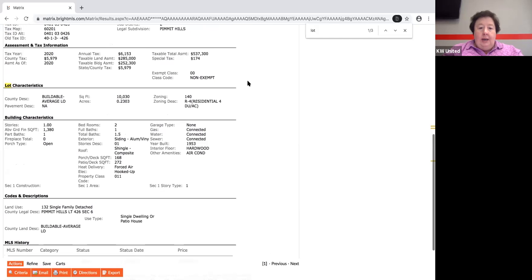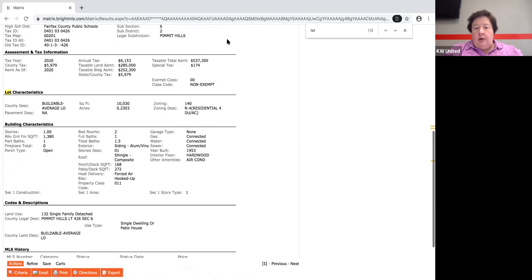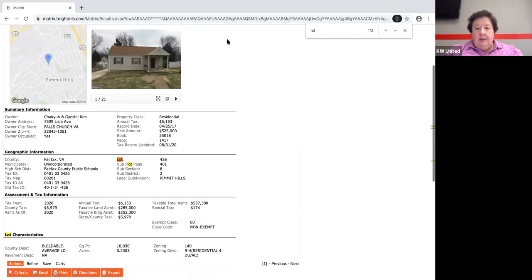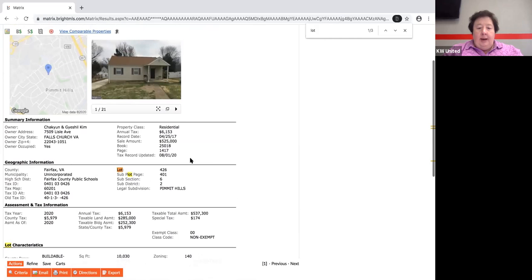And if there's more than one lot, like here it says lot characteristics. I'd already gone past the word lot up here, but there's my lot number.